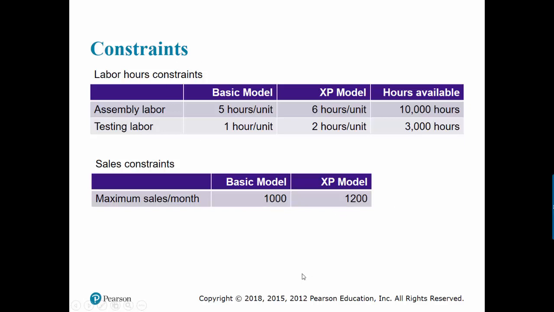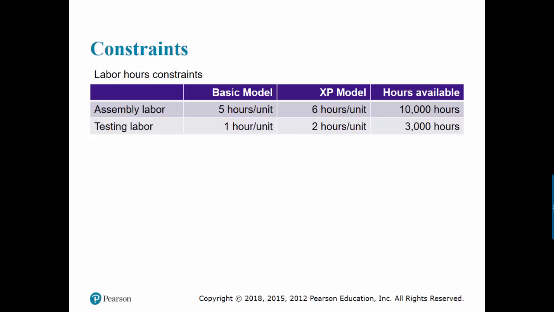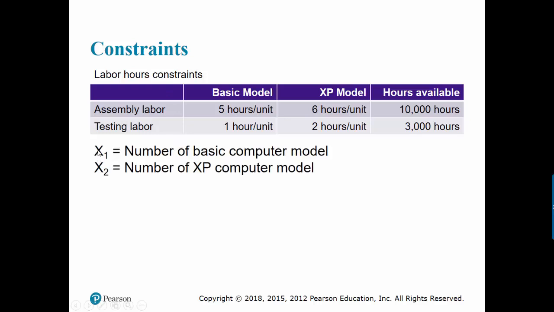We now have to express these constraints in terms of X sub 1 and X sub 2, the decision variables we defined. Just like we used the decision variables to come up with a mathematical formula for the profit, we have to come up with mathematical functions for these constraints. Let's do the labor constraints first. Remember, X sub 1 is Basic and X sub 2 is XP. Let's look at the assembly labor first.